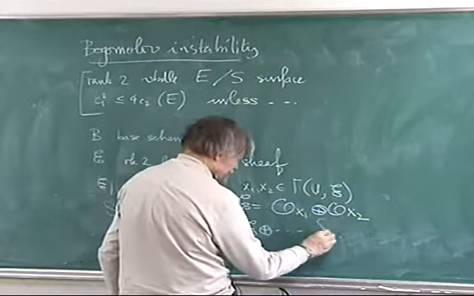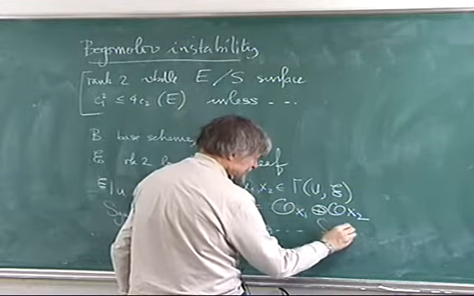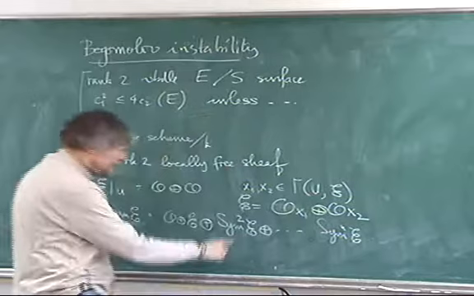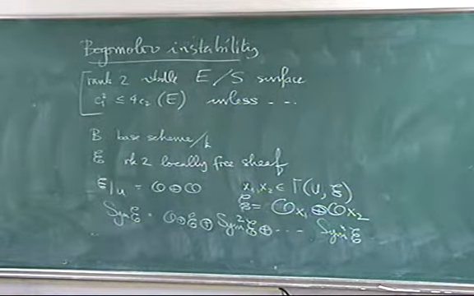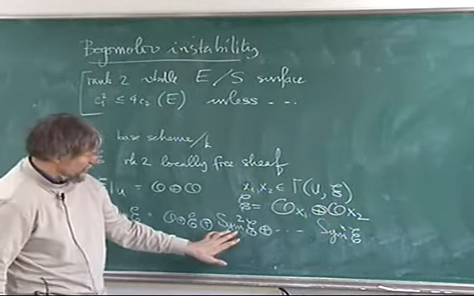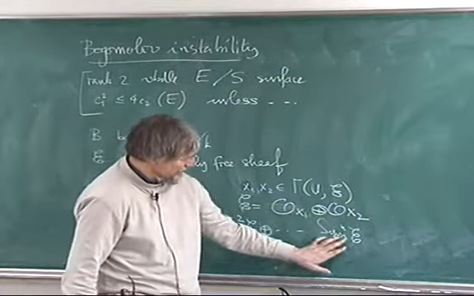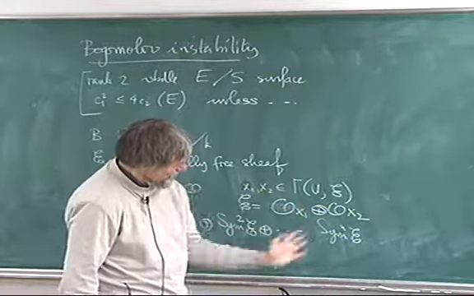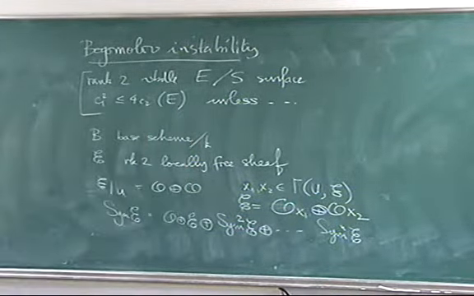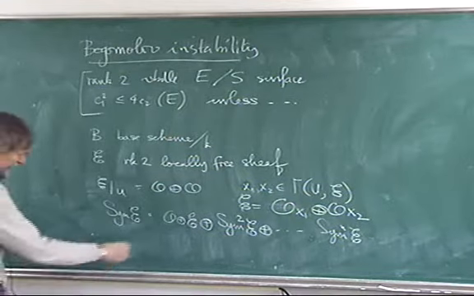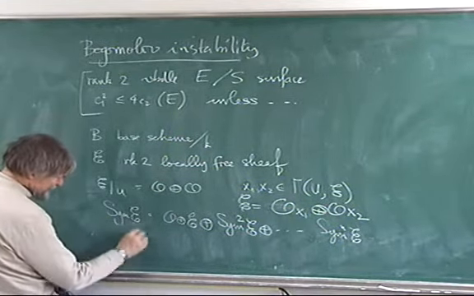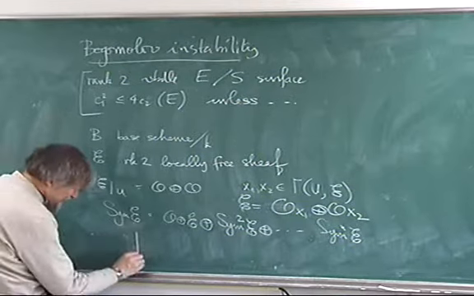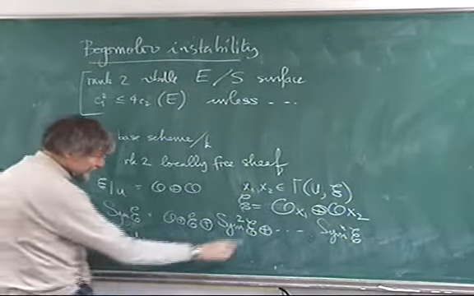Somewhere here there's Sym^N E. I'm assuming you can figure out what Sym^N E is: it's the tensor algebra of E divided out by symmetrizing.